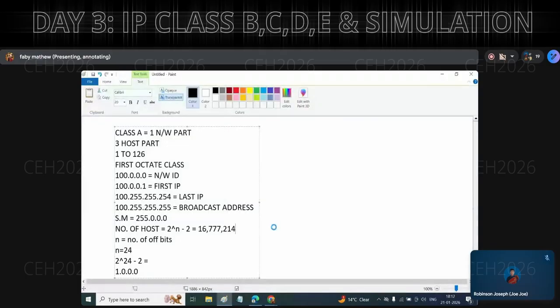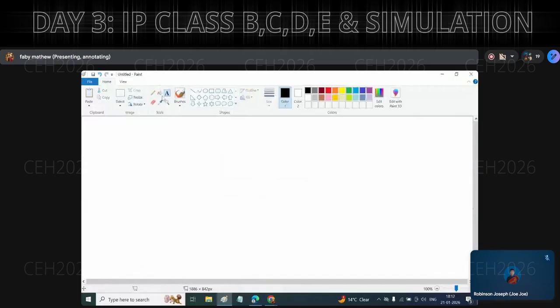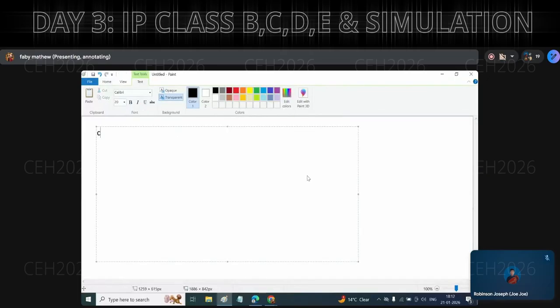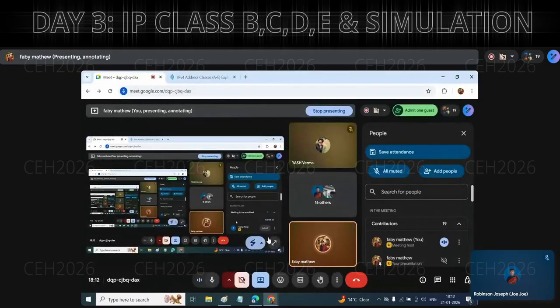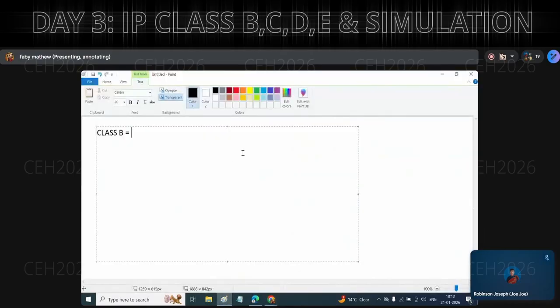Now I am moving towards class B. So the range of class B is... Class B is very important. If you do not understand the IP address, you cannot identify the network. You cannot identify from which particular IP address an attack is going on.